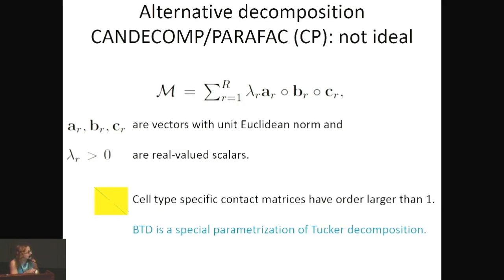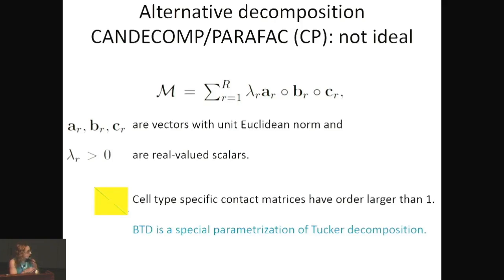So in this case, you would still have your C, but A and B, instead of being low-rank matrices, would be vectors themselves. We actually did start with this, but it turns out that the contact counts are not rank 1. You need more rank to represent those.